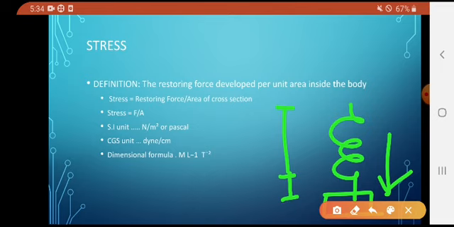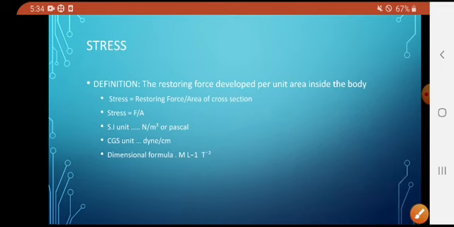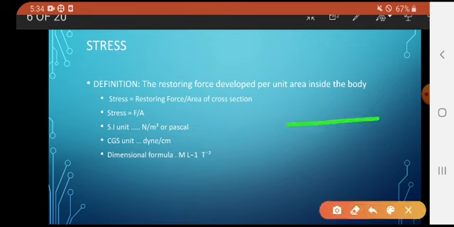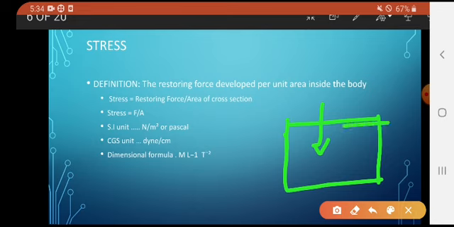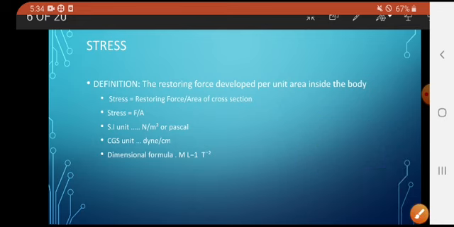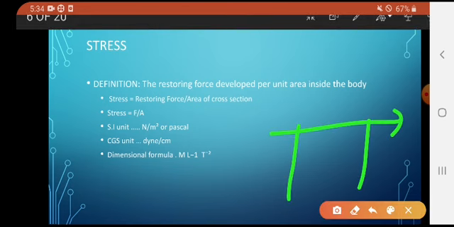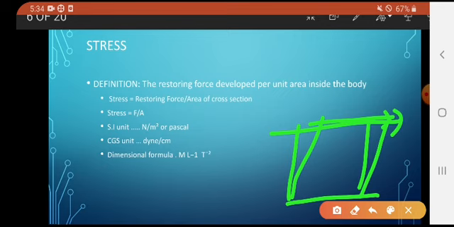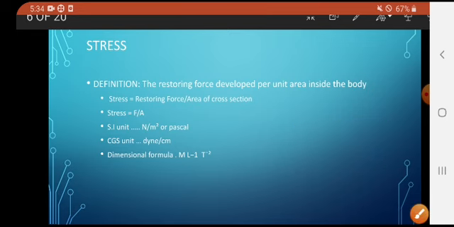This is a longitudinal change, right? In volumetric change, if it is two-dimensional, you are applying some deformation force, its area changes. And shearing stress: you are applying some force tangentially, then it moves. If you take a book and push at the upper area of the book, then it moves. Like everyone knows the cards, if you put all the cards and press at one place, then it moves, right?